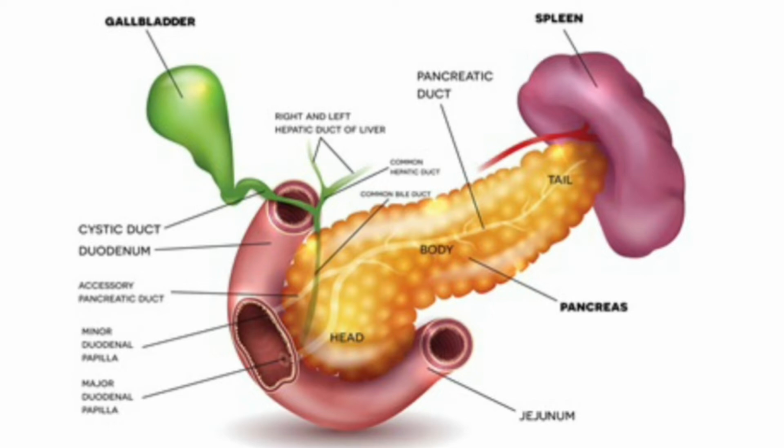Now the functions of the pancreas. The exocrine component consists of ducts and acini, which produce the pancreatic fluid containing various kinds of digestive enzymes. The endocrine component consists of islets of Langerhans, which secrete the insulin hormone.